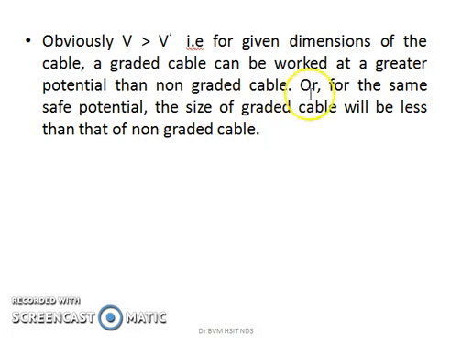For example, if I want to operate the cable at 11 kilovolts, the non-graded cable will have a higher size than that of a graded cable. Okay, so this is the grading of cable using capacitance grading.